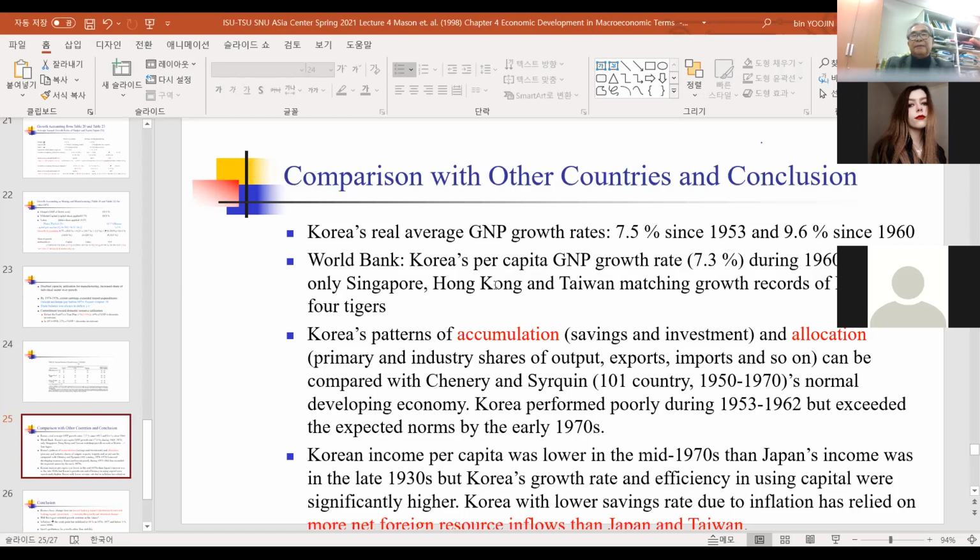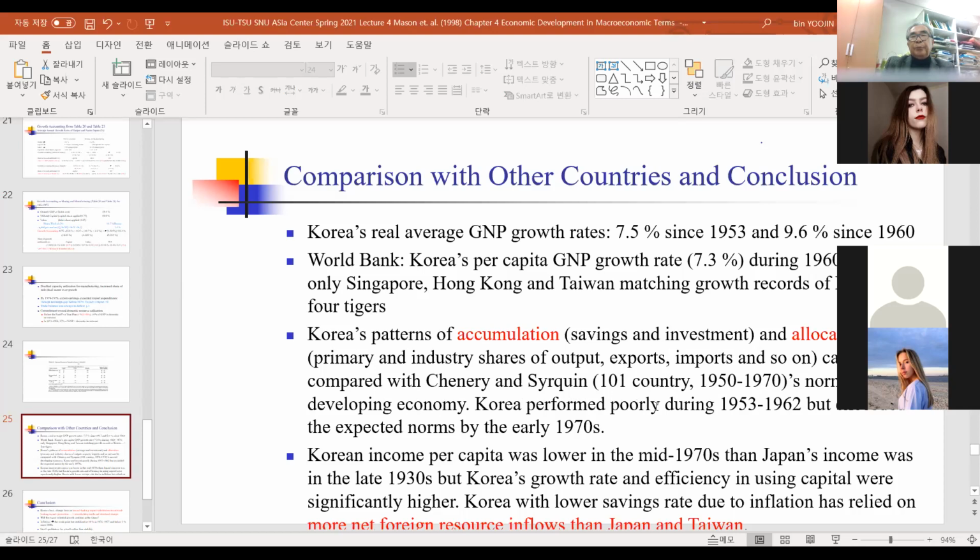We typically define these four nations as the four tigers because all of them recorded high growth. Korea's patterns of accumulation, savings and investment, and allocation, primary and industry shares of output, exports, imports, and so on, can be compared with Chenery and Syrquin's 101-country sample based on the 1950-1970s nominal developing economy.